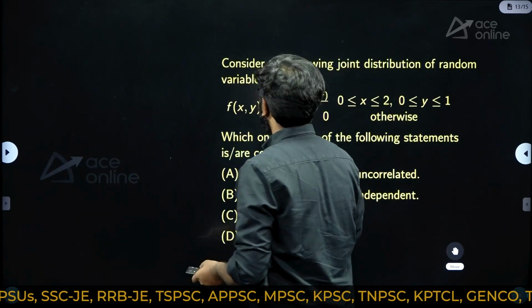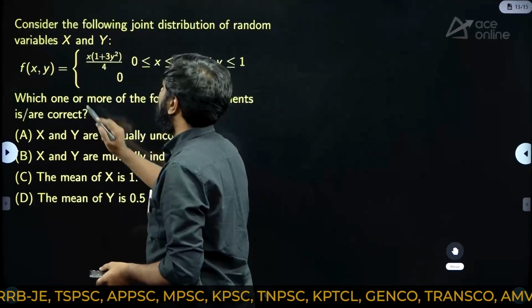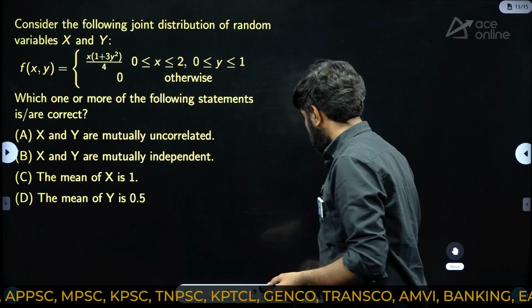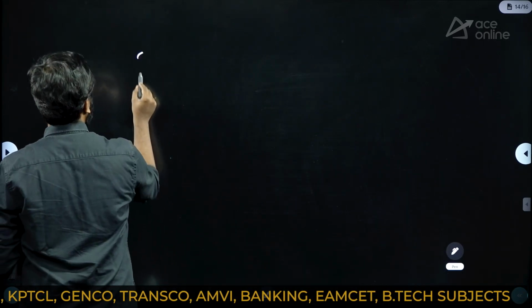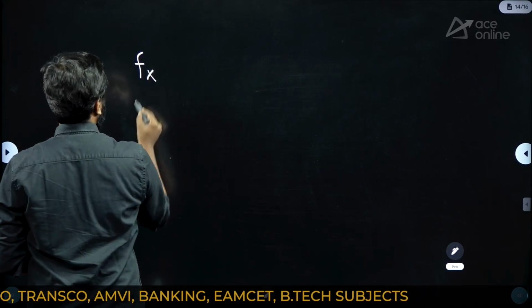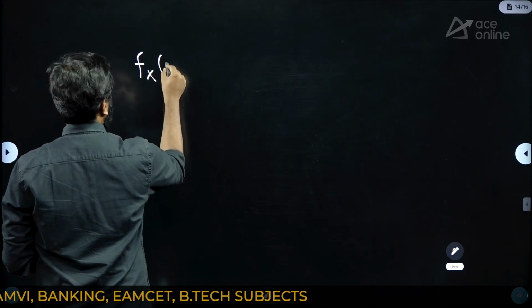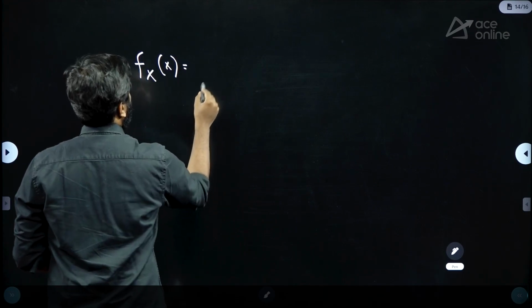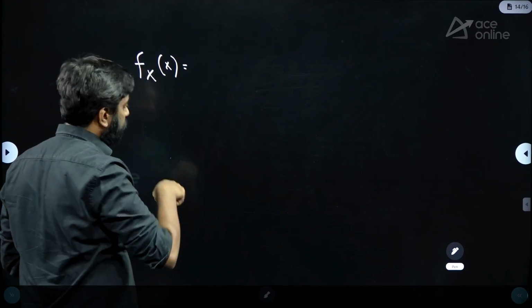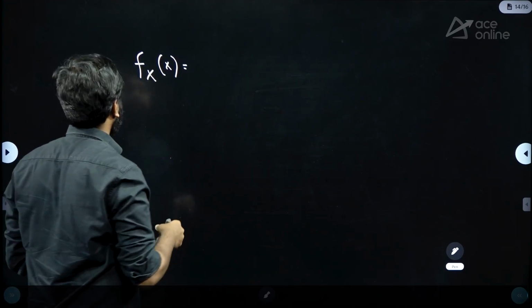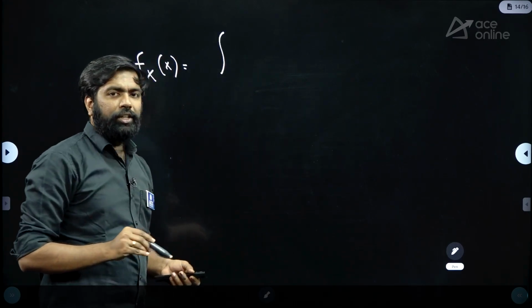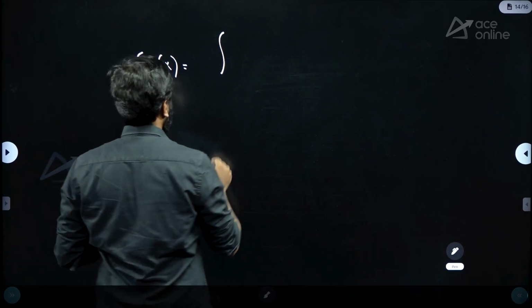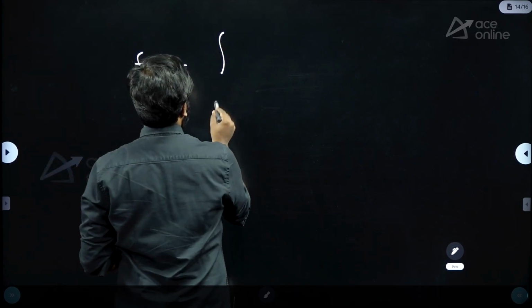To find all this, the best way is to first find the marginal density functions. First find the marginals. How do you find the marginal density function of x? We usually denote this with f_X of small x. We need to perform the integration over all the values of y. What are the y limits? Y limits are 0 to 1.